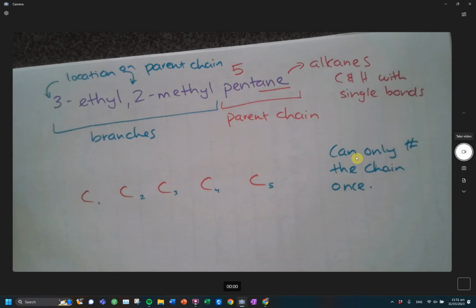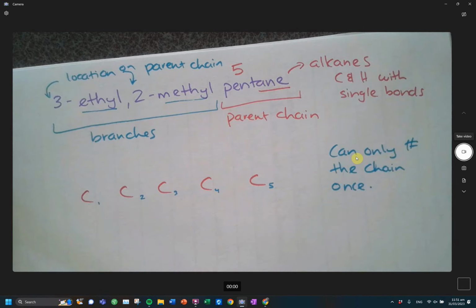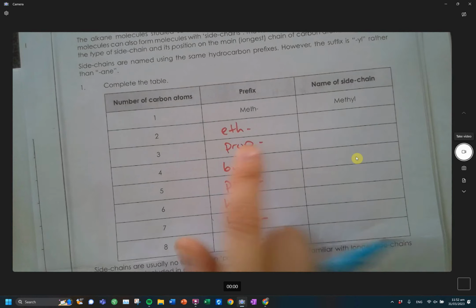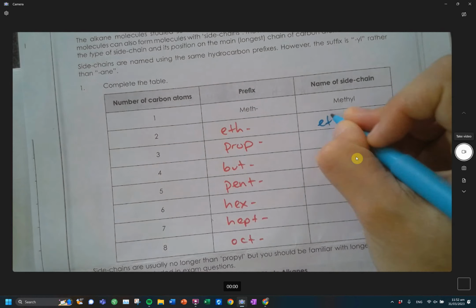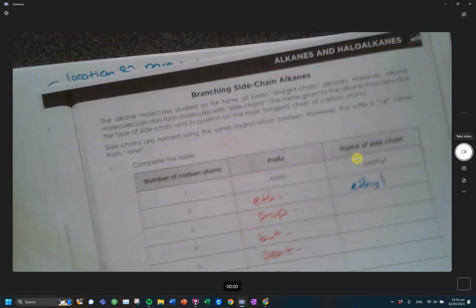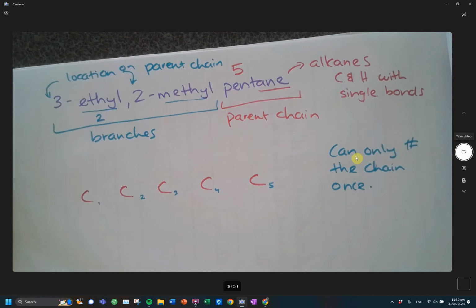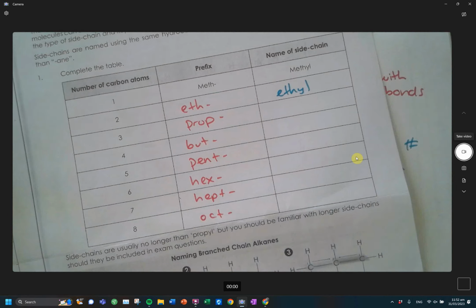All right. Next thing I have here are these bits, which says ethyl and methyl. That tells you the length of the carbon branch. So if I'm thinking about what I was looking at earlier, if I wanted to write that, that'd be ethyl. Ethyl means 2. So this tells me that this carbon chain has 2. Methyl means 1.